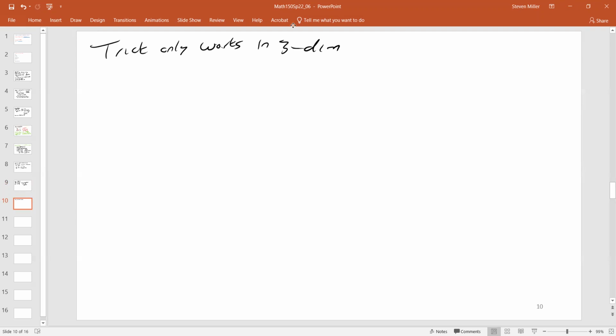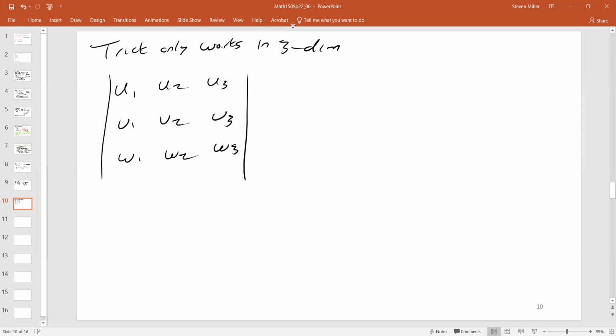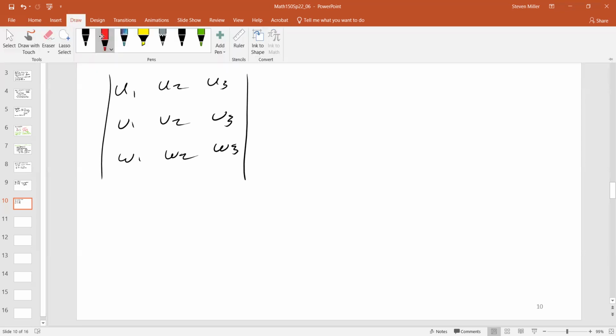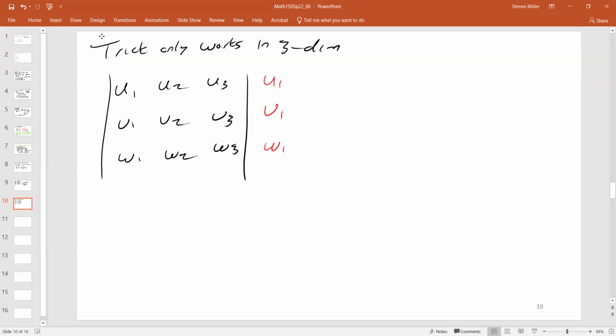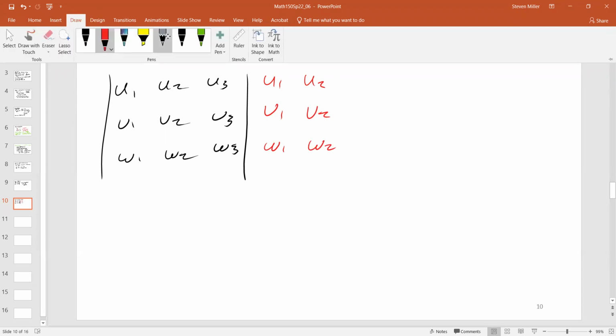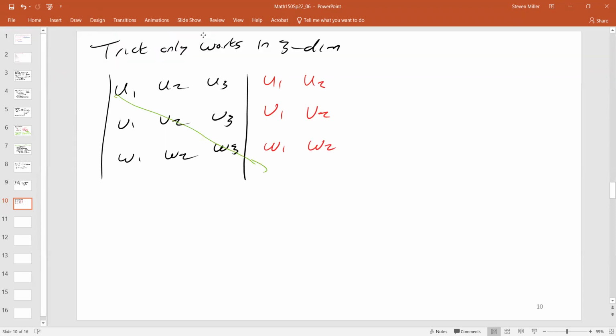If I give you U1, U2, U3, V1, V2, V3, W1, W2, W3, and you want to calculate the determinant, you rewrite the first 2 components, and then you multiply and add diagonally with a plus sign for these, and for the other ones, we do it with a minus sign.